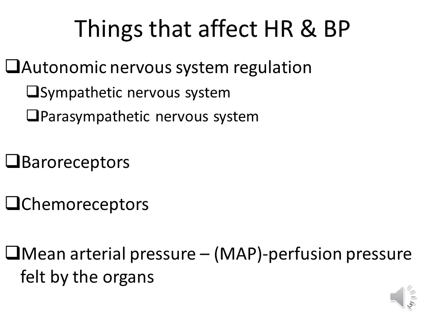So how does the body know when to release these catecholamines? The body knows because of baroreceptors and chemoreceptors. Baroreceptors are in the arch of the aorta, and they are sensing pressure or stretch.